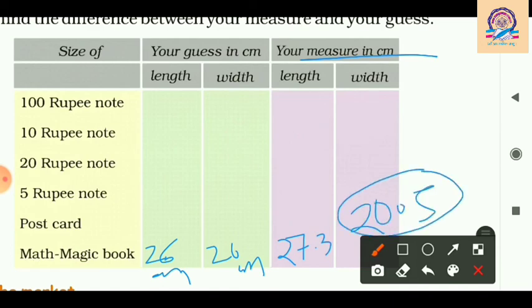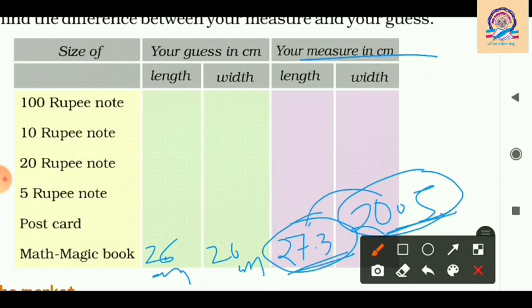Okay, I have a very old mathematics book, so some pages are not correct, so it may be different from the actual. So it is just about 27.3 in length and 20.5 in breadth.